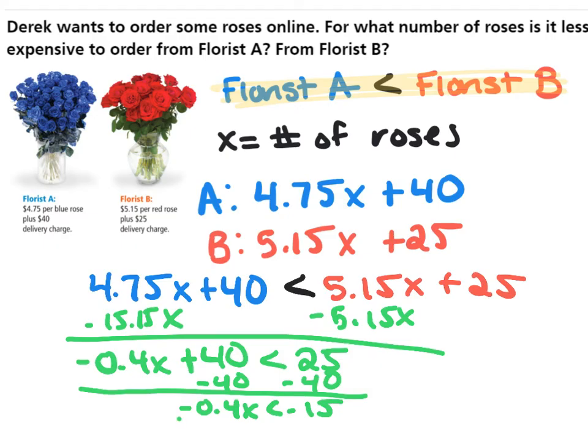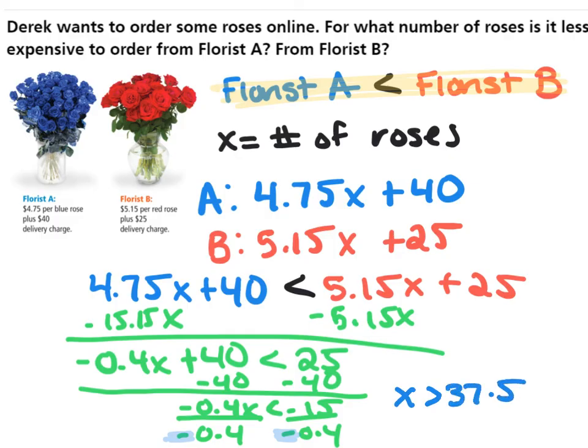And then finally, I would divide both sides by negative 0.4. And because this is a negative that we are dividing by, we have to remember to flip the sign. So it would become x is greater than 37.5.